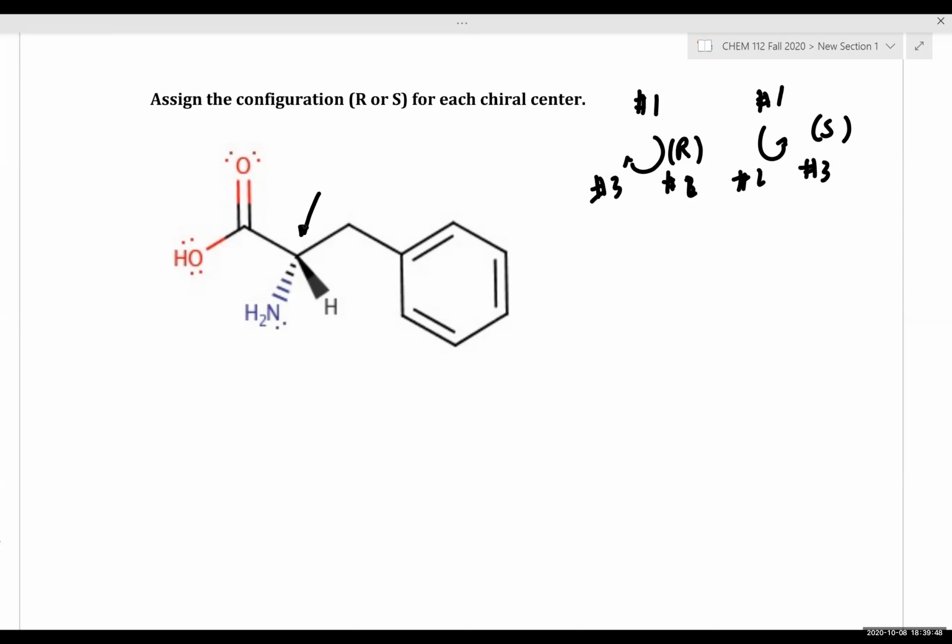But really importantly, I'd like to see the reasoning behind your answer. I'd like to see the actual numbering method that you use, and I'd like to see your priority group assignments. And I recommend, as I'm doing right now, putting together a model of this structure.